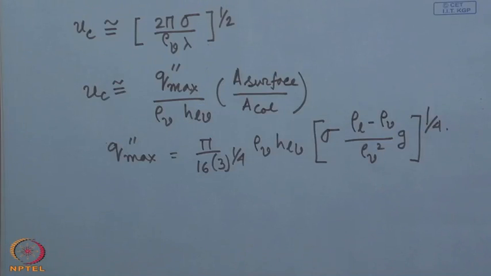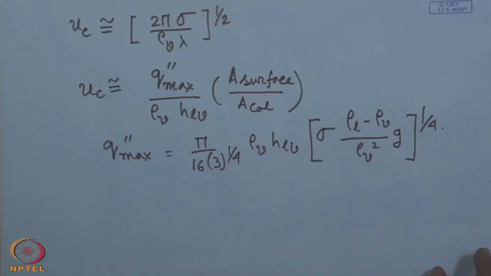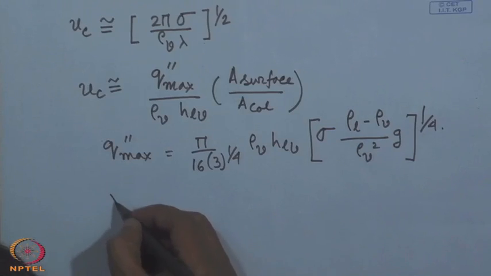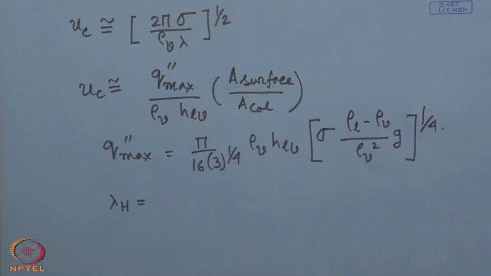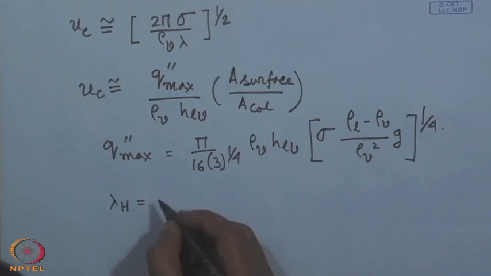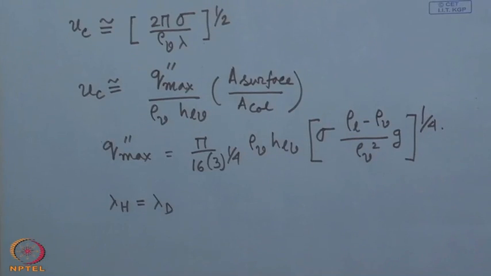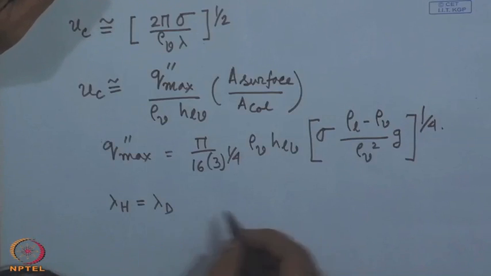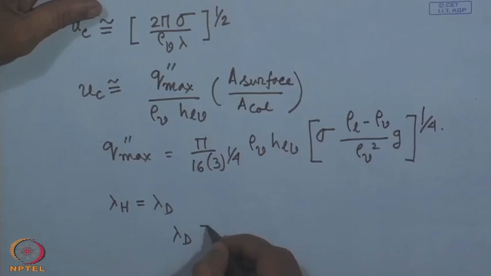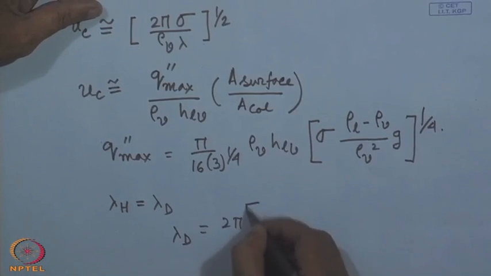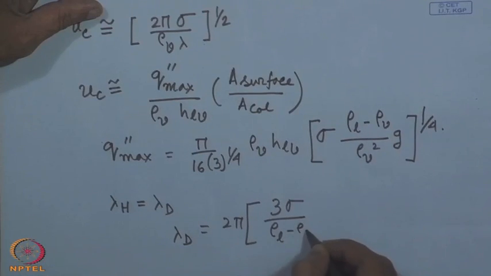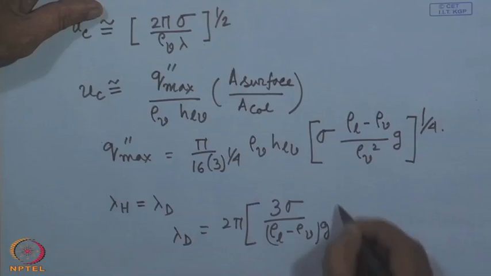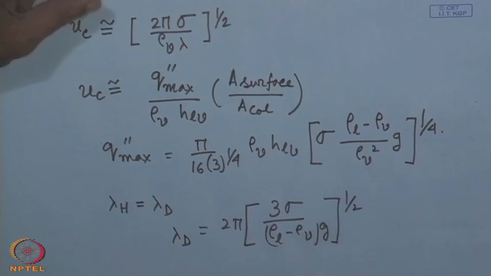Here of course, one thing is important, that we have to assume that lambda h, that means the wavelength of Kelvin-Helmholtz instability, is equal to lambda d, that is the wavelength of Taylor wave, and this lambda d is again given by 2 pi root 3 sigma by rho L minus rho V into G, whole to the power half.